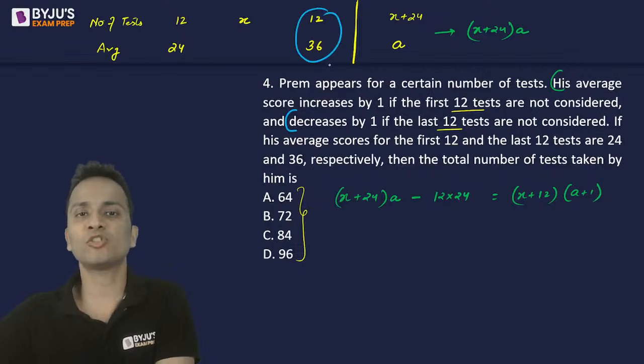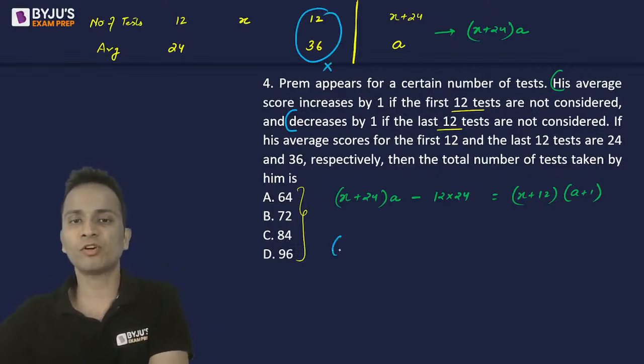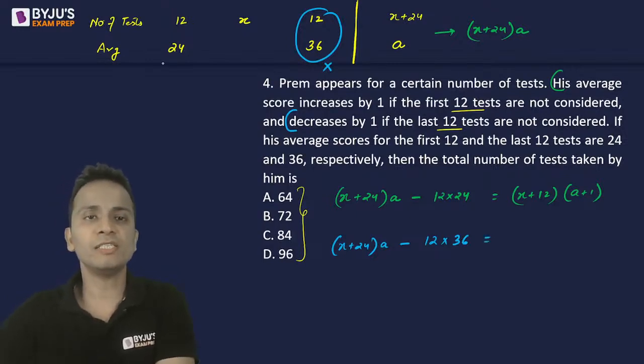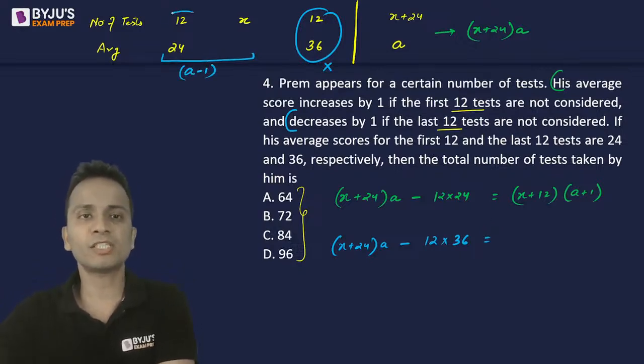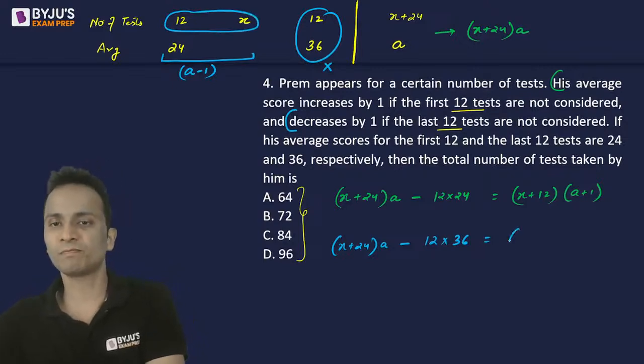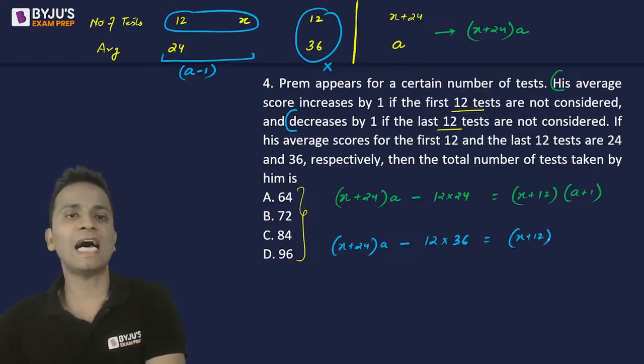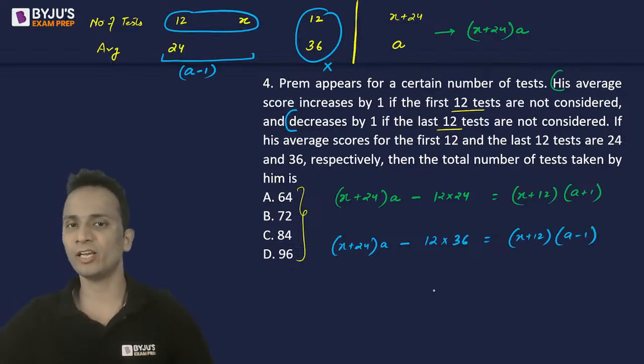So if the last 12 are not considered, that means from the sum X plus 24 multiplied by A, if I remove the last 12 tests, then the average decreases by 1. So for the remaining tests, the average is A minus 1. For the first X plus 12 tests, the average is A minus 1. This is the second equation.